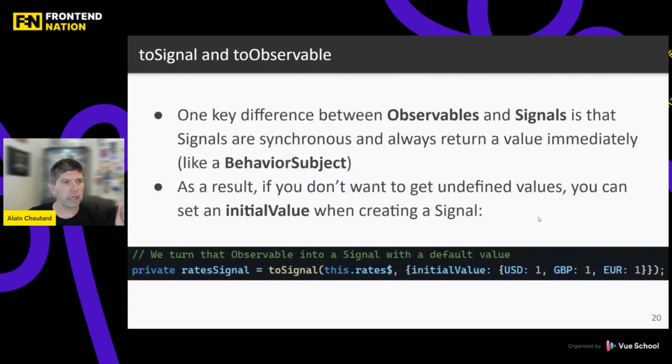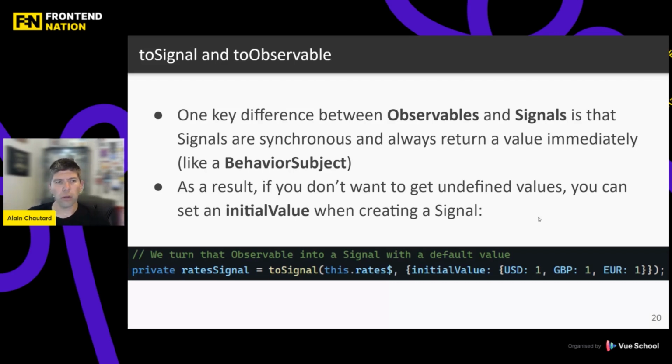And so yeah, one key difference to have in mind when we use signals versus RxJS is that an observable is asynchronous and a signal is not. A signal is always synchronous. A signal always has a value, always returns something. That's why we don't have to subscribe and wait for the data to be there. A signal always has a value, which means by default, if you don't pass a default value, the value would be undefined.